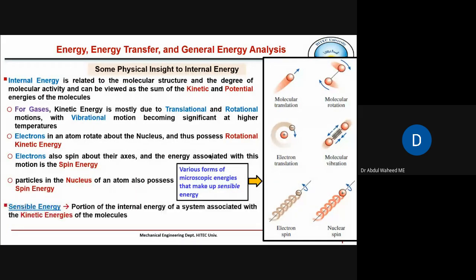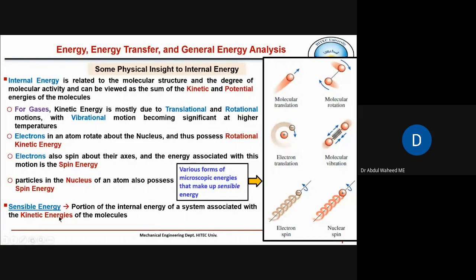Right, this was internal energy, different forms of motion, and all this is also available in descriptive form. Then internal energy has further 4 main types. One is known as sensible energy, that is that part of internal energy which is related to the kinetic energy of molecules, only the kinetic energy of the molecules.